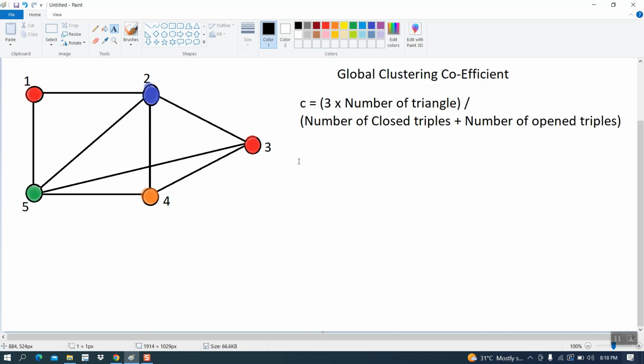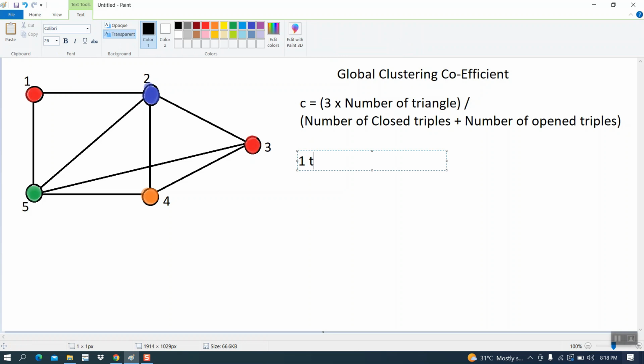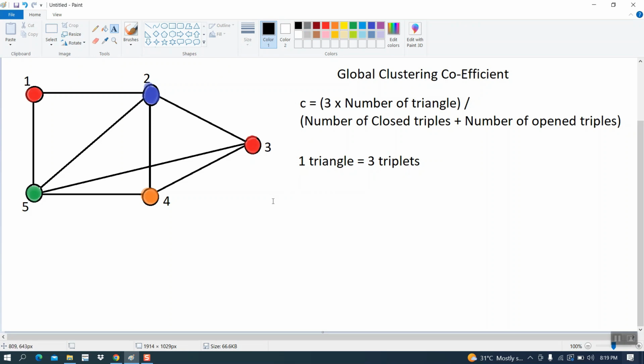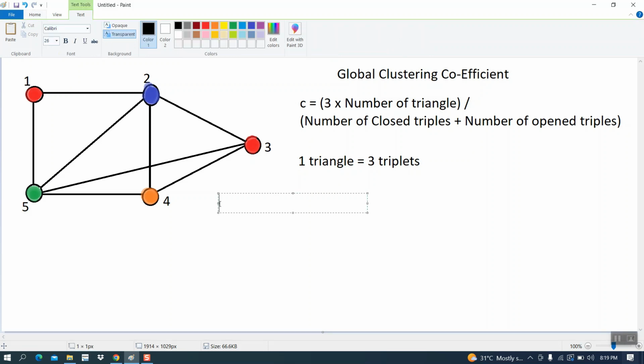So we can say that one triangle equals 3 triplets. Or we can find all the closed and open triples in this graph. Let's find all the closed triples.